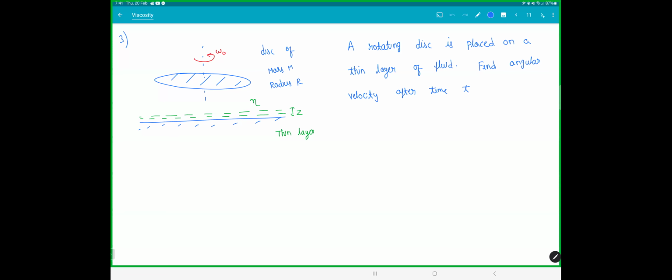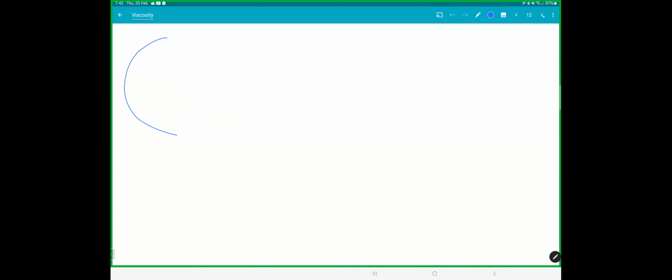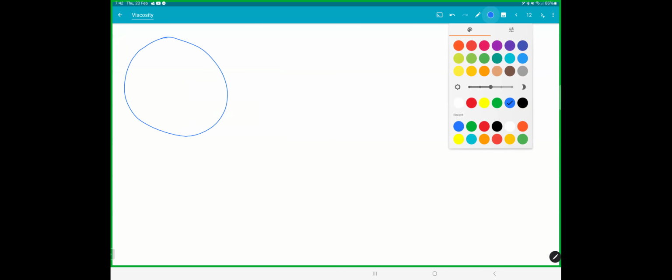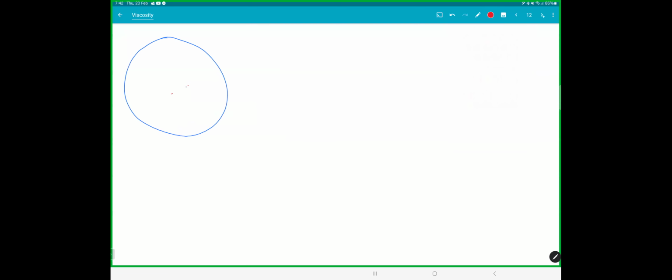Look at the first step, everyone. So we have the disk here. At a distance x from here, we choose a thin ring, thickness dx.